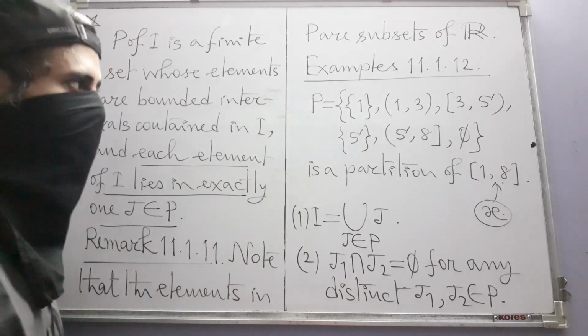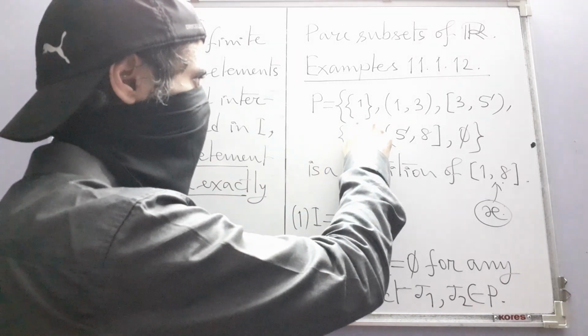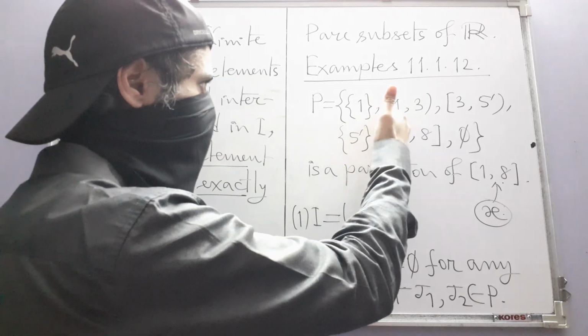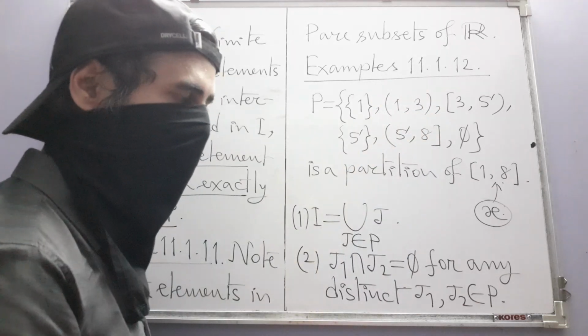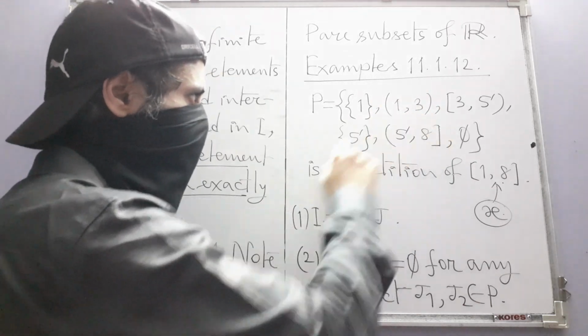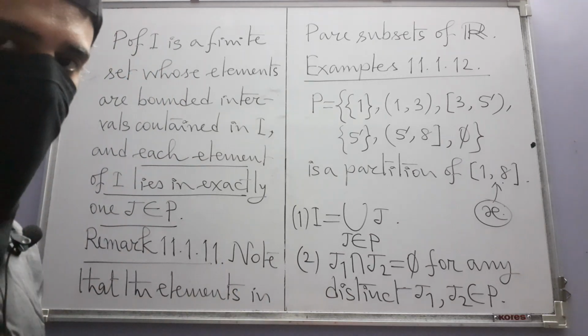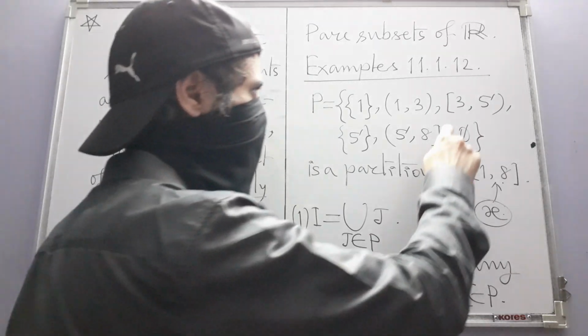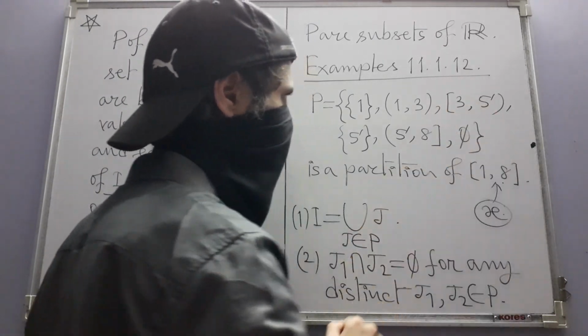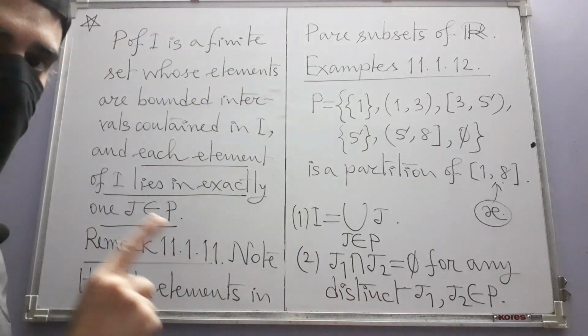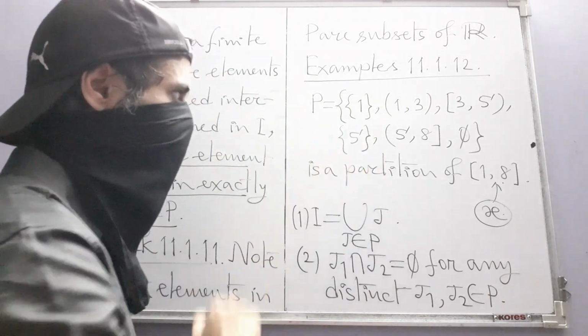You just imagine geometrically. You have the point 1, then after that you have the line segment 1, 3, where all the numbers lying between 1 and 3 are common. But then you have from 3 to 5, you do not have 5, but you do have 3, and then the single point 5.